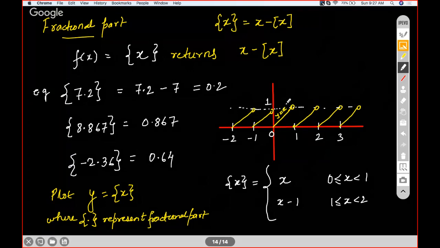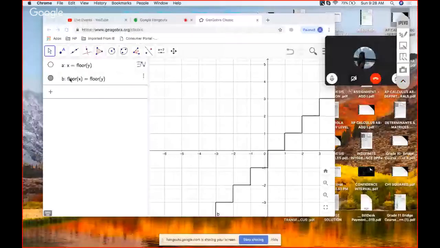It tries to approach 1. But it will never become 1. It will be 0.999999999, but it will never be able to get the value 1. Is it almost like an asymptote? You cannot say asymptote. These values are not achievable. So it never reaches it.